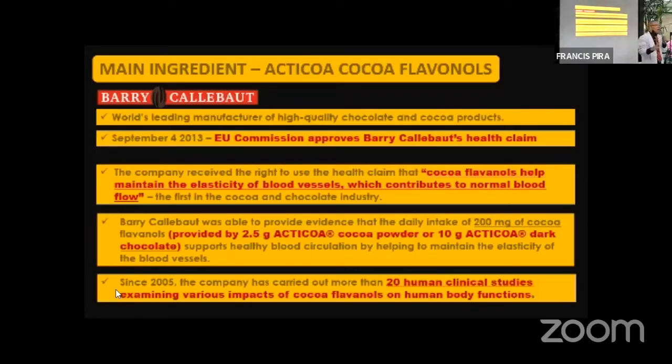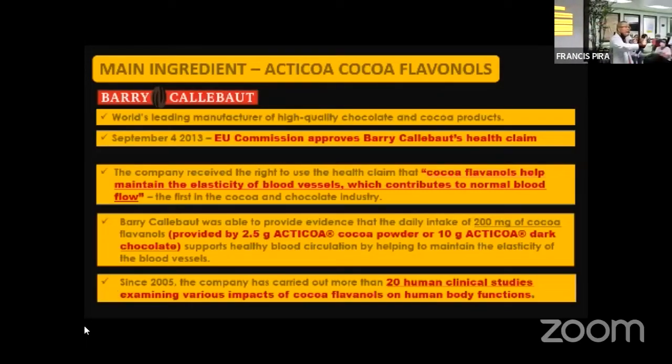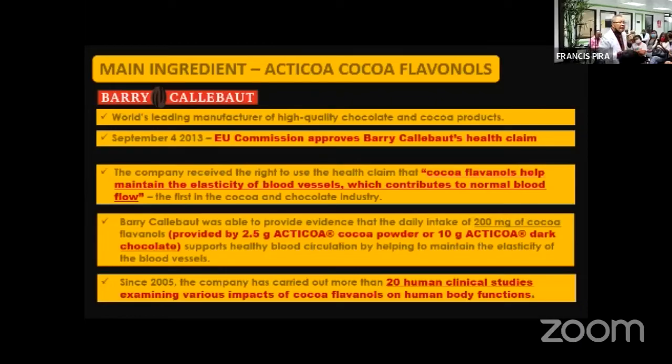So flavonol, aside from protecting the lining of the blood vessel, what is that lining called? Endothelium. So aside from protecting the endothelium, the flavonol also strengthens the elasticity of the blood vessel.